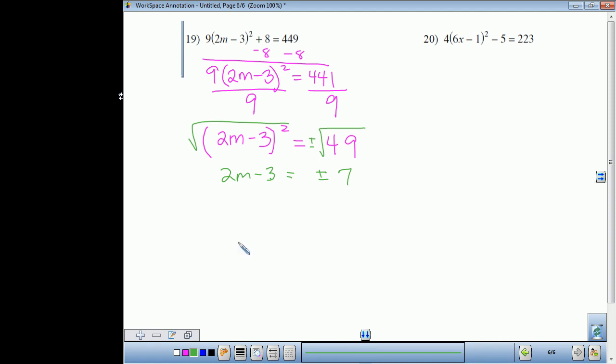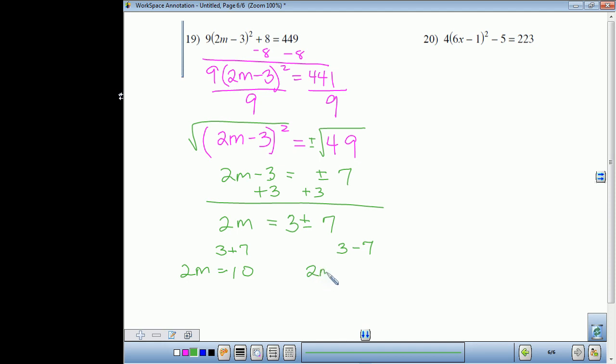Plus 3. Okay, so now we add 3. And when we do, we actually get 2 answers, because it's 3 plus or minus 7. So 3 plus 7 gives us 2m equals 10. And 3 minus 7 gives us 2m equals negative 4.